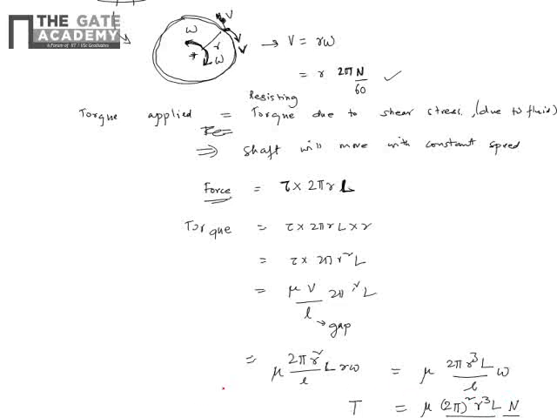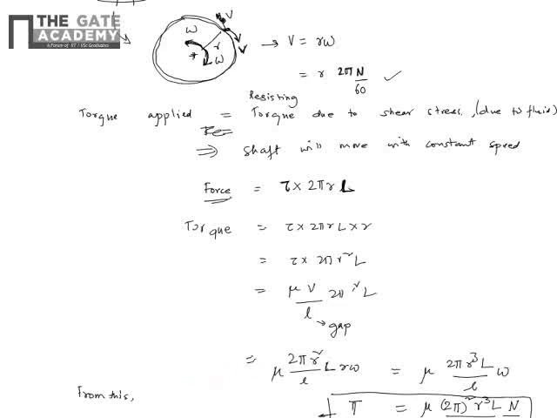This is a general expression for the viscometer. Torque applied is what you have to measure, and the speed of the shaft I can measure with a tachometer.